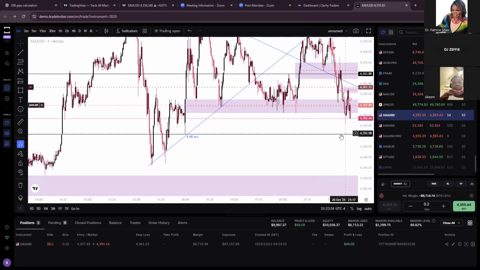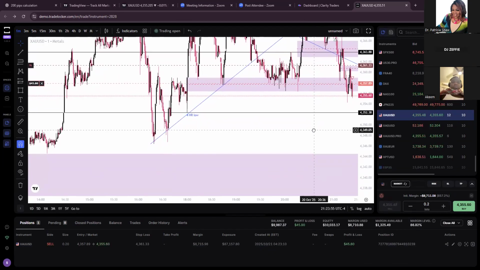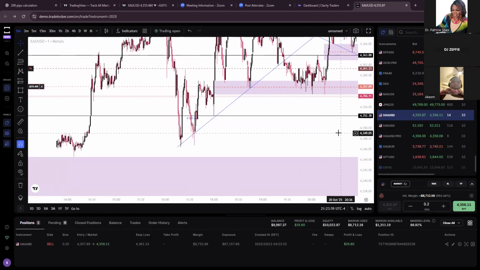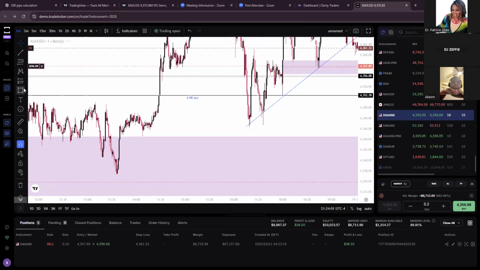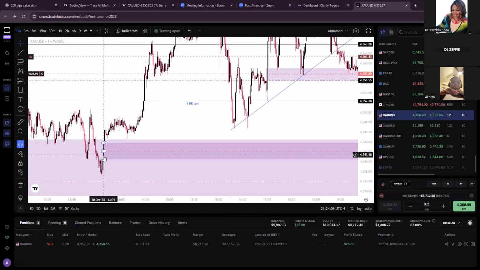Our next low that we're looking to run is this 4-hour low, and I think I want to set TP here inside this 1 minute gap here.